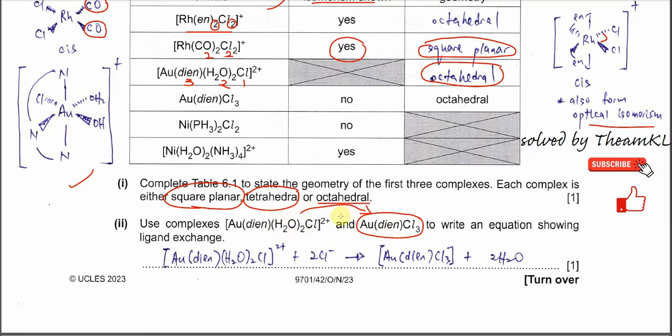After the exchange, the H2O is eliminated, so it's being replaced. So we are quite sure the 2 H2O are exchanged with the chloride. So on the left hand side we have to put 2 chlorides, which are used to replace or exchange with the H2O. Then the H2O is substituted, and it will form this complex, the gold with diene and 3 chlorides.